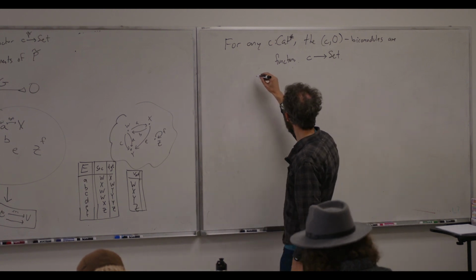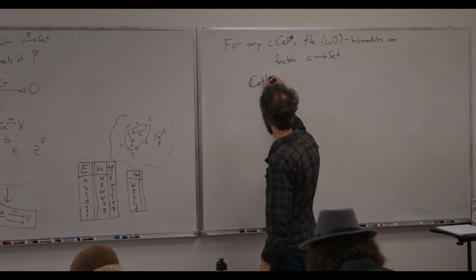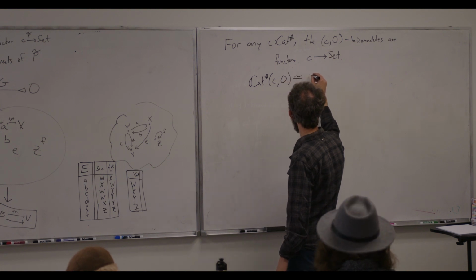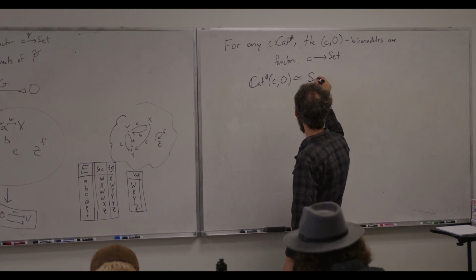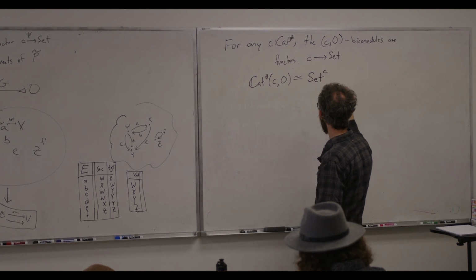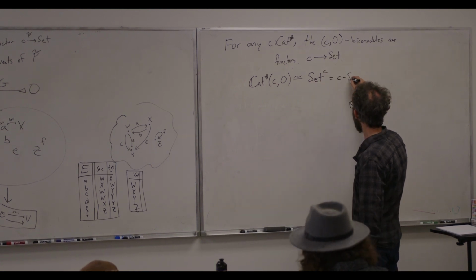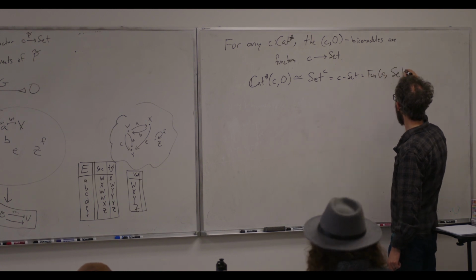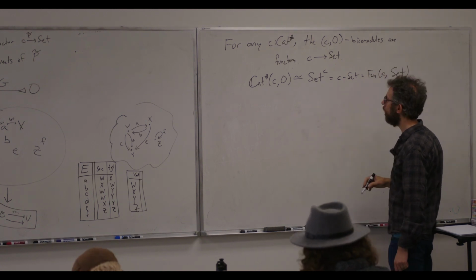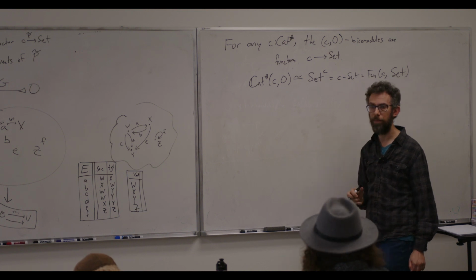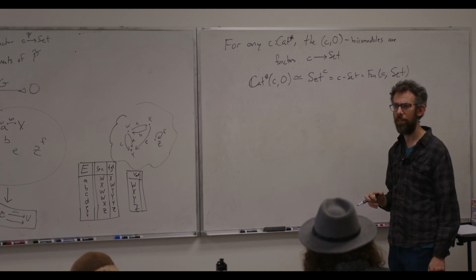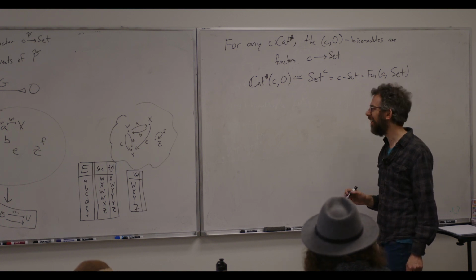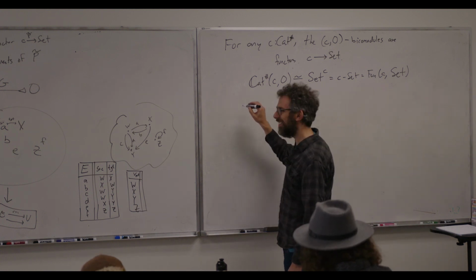So Cat-sharp C-zero is equivalent to functors from C to set. Questions on that?